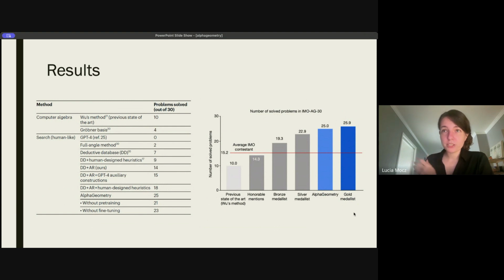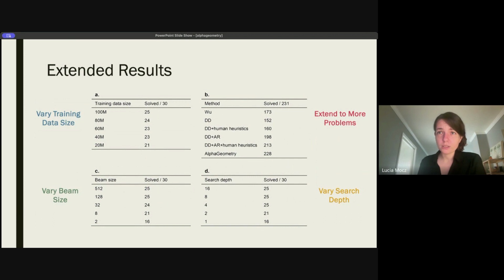So using a transformer that is very specially trained on symbolic data and further trained for relevancy of auxiliary constructions, even with a much smaller data set, is a much better solution than hard-coded human designed heuristics.